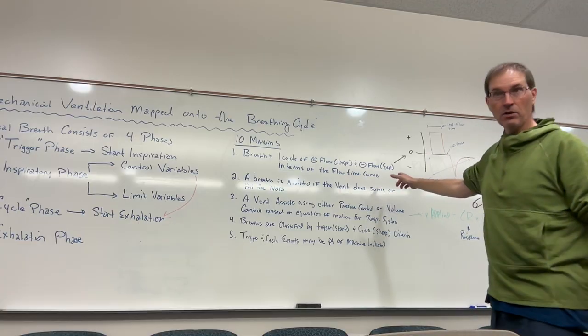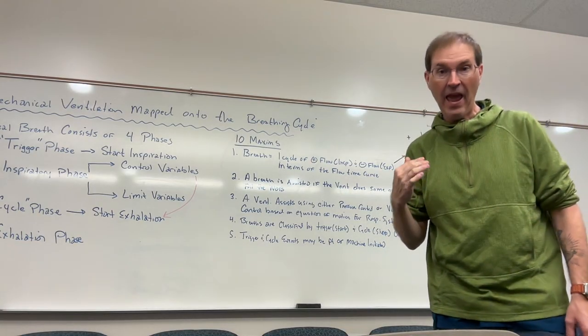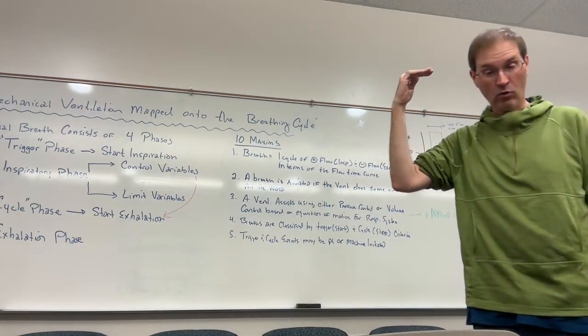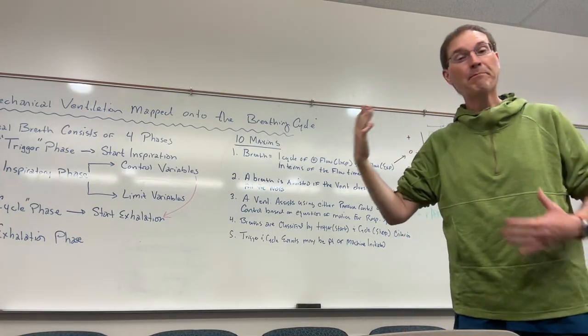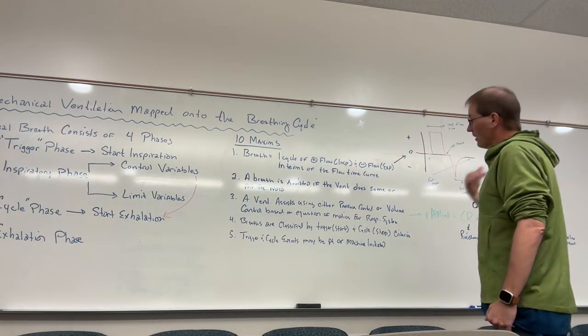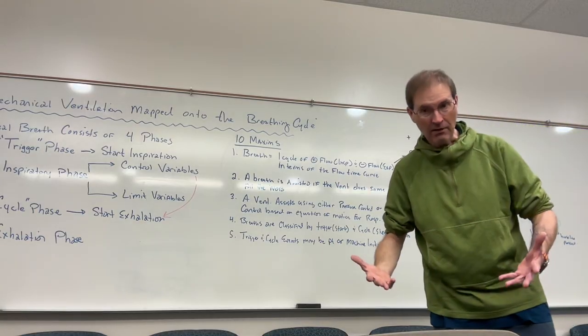The flow time curve is a graphical representation of airflow going into the respiratory system, and we call that positive flow. And going out of the respiratory system, being exhaled, is negative flow.